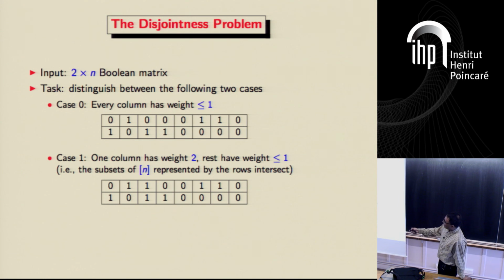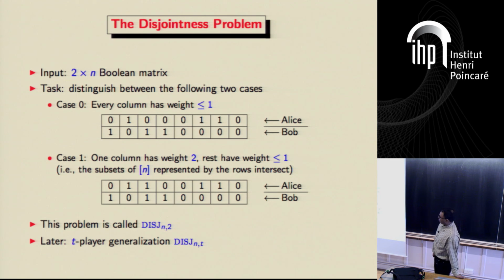More specifically, we have a promise that either every column has weight at most 1, which means there's no intersection anywhere, or else one single column has weight 2, but everything else has weight at most 1. So either there's no intersection or there's a unique intersection. Make the first row an input to Alice, the second row an input to Bob, and this becomes a two-party communication problem. We'll call it disjoint n,2, and we'll generalize it at some point to t players.